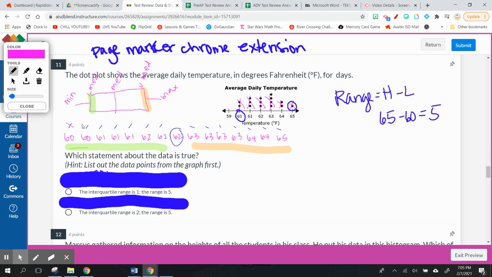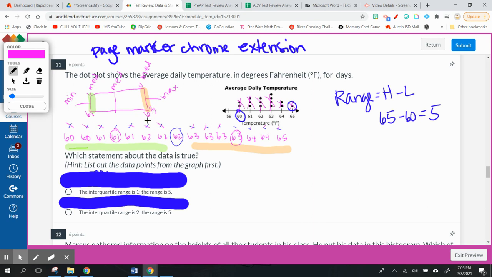Okay, so we've got 1, 2, 3. So I'm going to mark off 1, 2, 3. All right, so I got 61. And 1, 2, 3. And I got 63 up top.